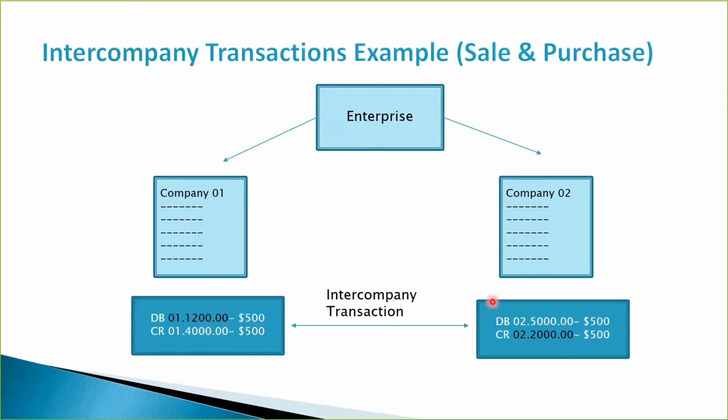On the other hand, what happens in the books of company 02? Company 02 incurs an expense, right? Because it's purchasing a good or a service. So we debit the expense account and we increase company 2's liabilities because it owes company 01 some money for the goods that it has bought, all right? So that's an example of an intercompany transaction, which is a sales and purchase transaction.